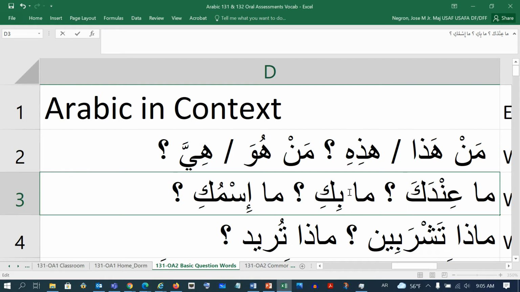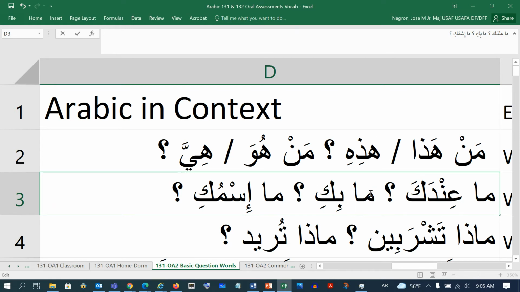The next example uses another preposition. This is the preposition bi, but this does not have a parallel meaning of belonging. It's just a straight-up preposition bi. It means with or via, but this is part of an expression here. Ma biki, what is with you?